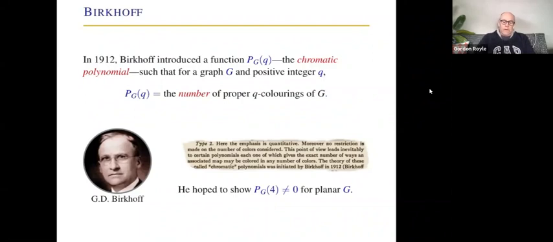So the definition of the chromatic polynomial is that for a graph G and Q being a positive integer, P sub G of Q is going to count the number of proper Q colorings of G. Now, there's no reason why this should be easy to compute or calculate, and in fact it isn't.